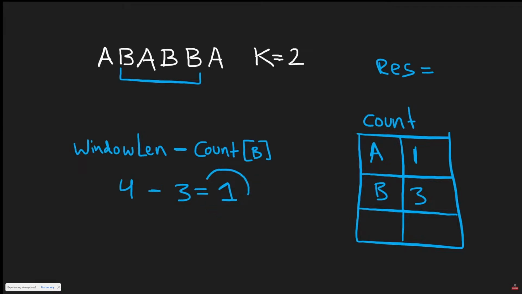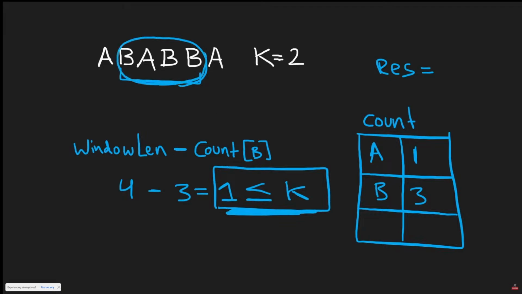How do we know if we have enough replacements to replace 1 character? Well, of course, that's our input parameter k, right? So what we're confirming here is that this value is less than or equal to k. As long as this condition is true, that means our current window is valid.